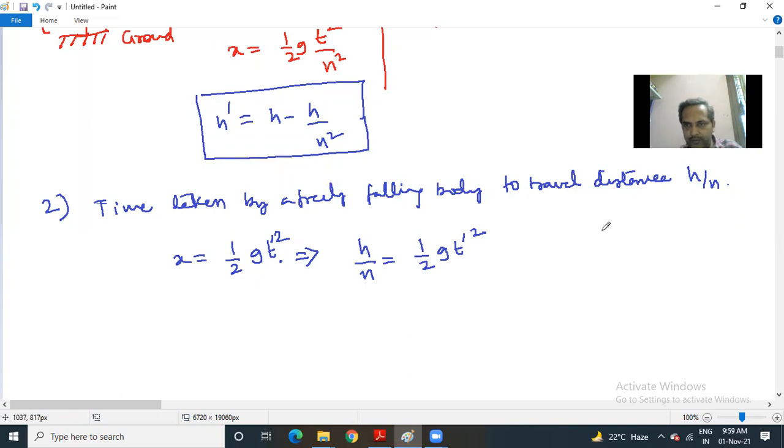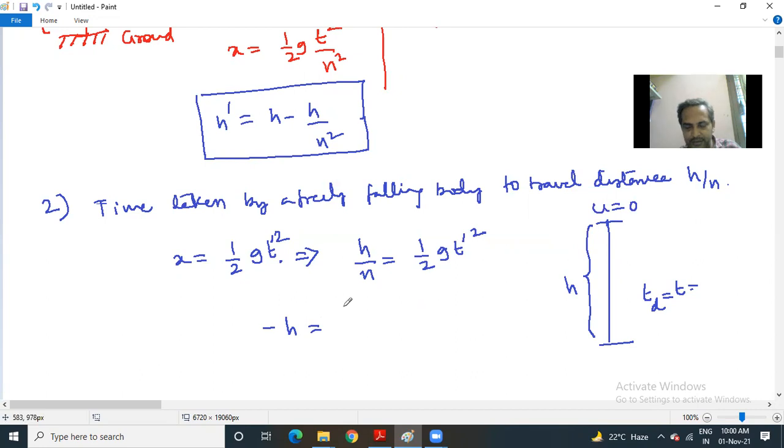Now for the freely falling body, in total time, it covers the height. Total time is the time of descent, and it covers the height h. Making use of s equal to ut plus half at square, s will be negative, that is h, and u will be anyhow 0.